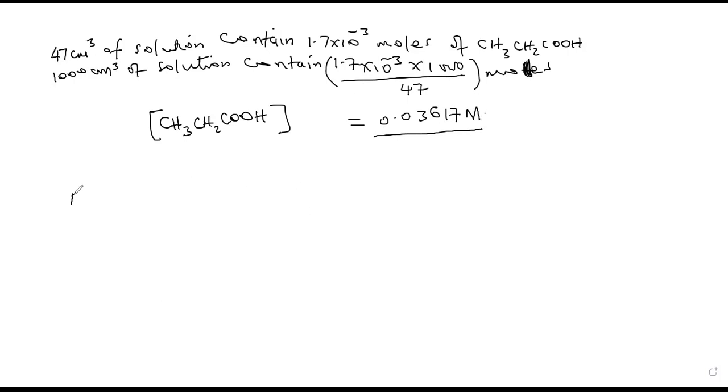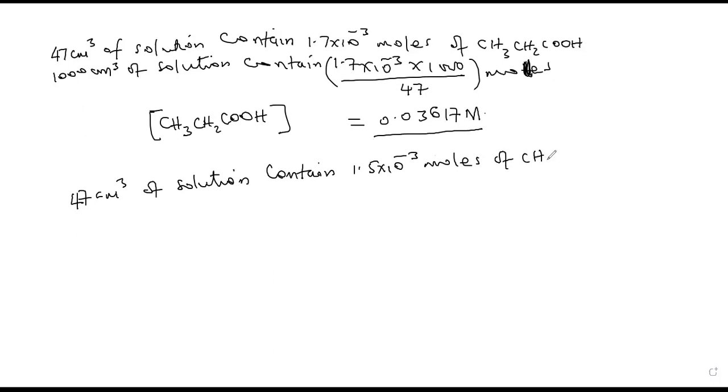Then still 47 cubic centimeters of that very solution contain the moles of the salt, sodium propanoate, which are 1.5 times 10 to the power negative 3 moles, which we got from the mole ratio. If that is the case, what about 1,000?